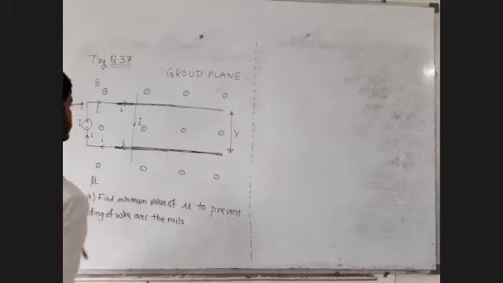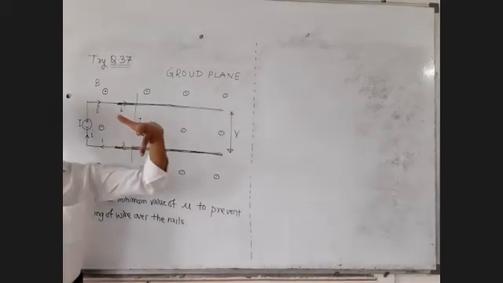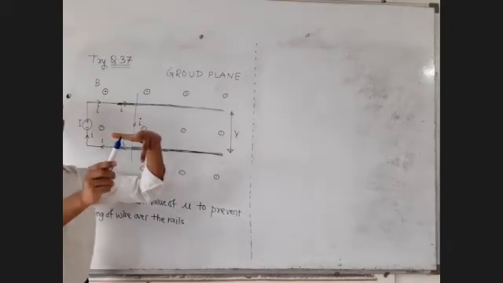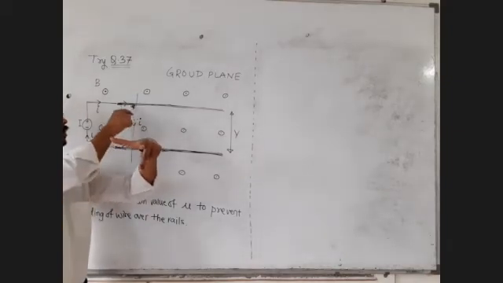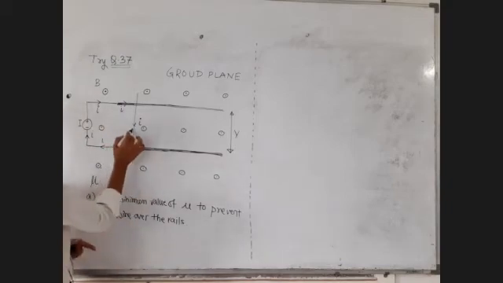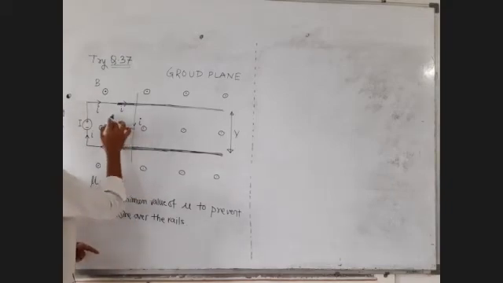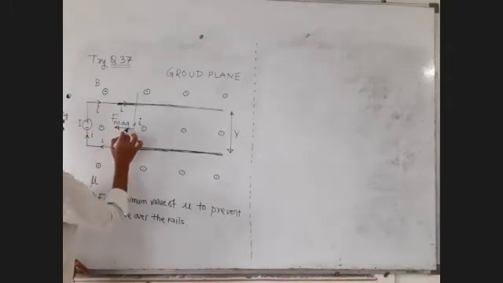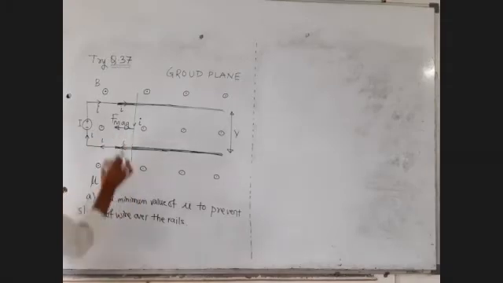In that horizontal plane, we have managed our left hand and shown the magnetic field coming out of the board, current going down, and the thumb pointing leftward. So this is the magnetic force, F magnetic, on the wire on the left hand side.